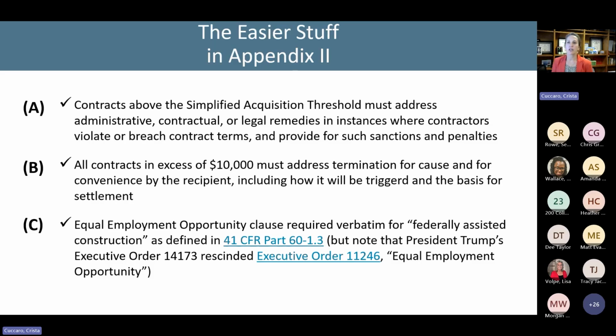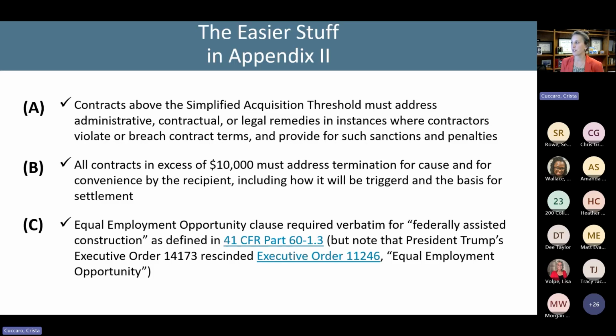Subsection B is talking about termination for cause and termination for convenience. What this tells us is that for all contracts in excess of $10,000, we have to address termination for cause and termination for convenience, including the trigger for the termination and how it will be settled.